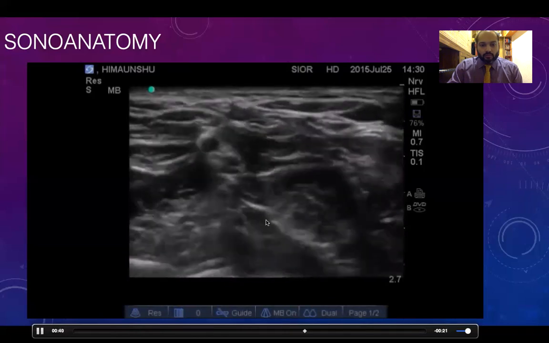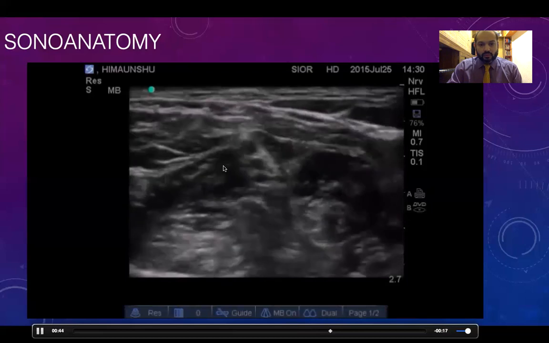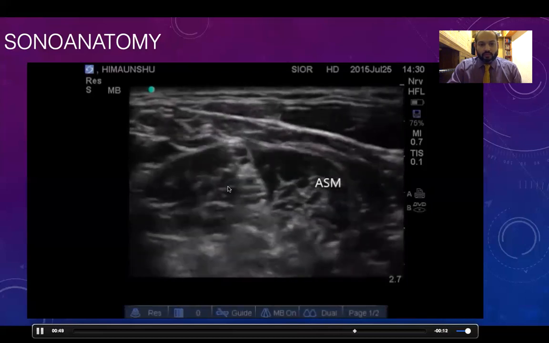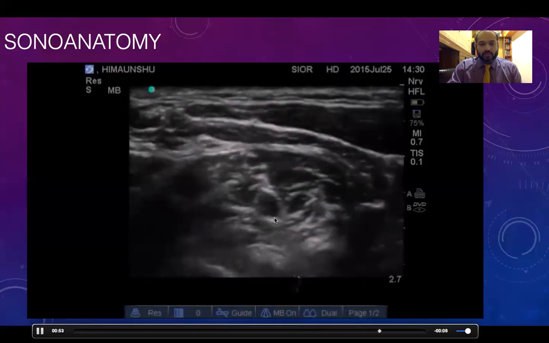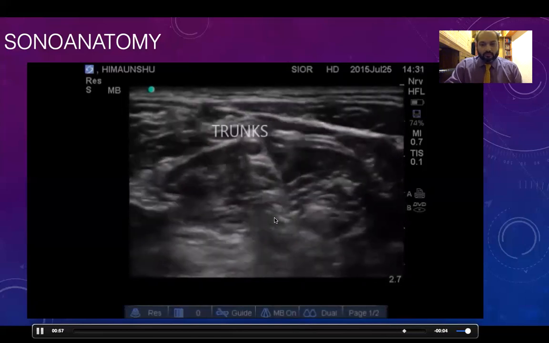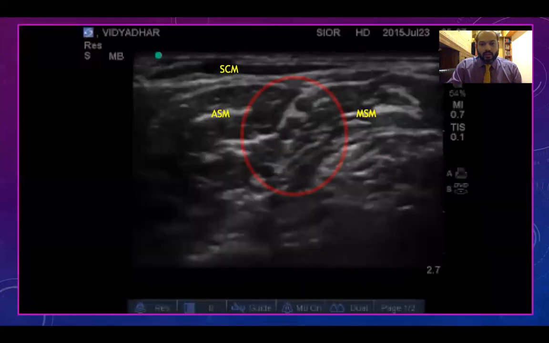So again, from the supraclavicular area, we are scanning towards the cephalad, and you can see the anterior scalene muscle, the middle scalene muscle here, and in between we see the trunks which are arranged one above the other like a traffic signal. So this is the target area where our needle should reach, and we have to deposit the drug in the vicinity of these brachial plexus trunks.